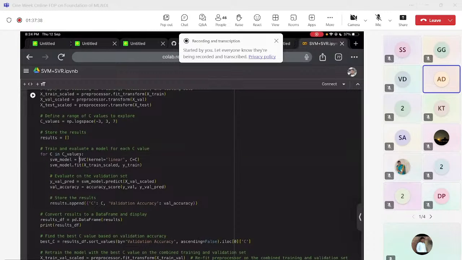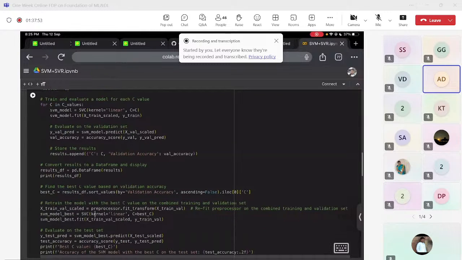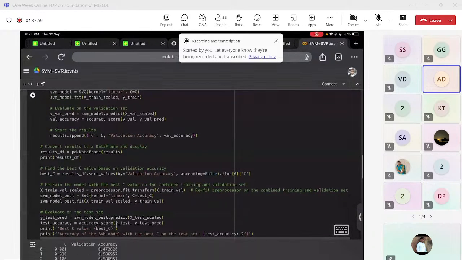For each value, you fit a model using SVM model.fit on the train data set. You calculate the validation accuracy and store the values. After you finish, you find the best C which gave the highest validation accuracy. Then you fit that SVM with that best C on the entire train-validation data set, and then you test it on your test data set.